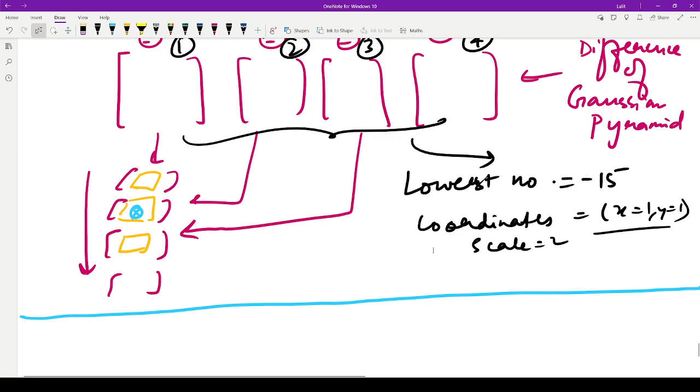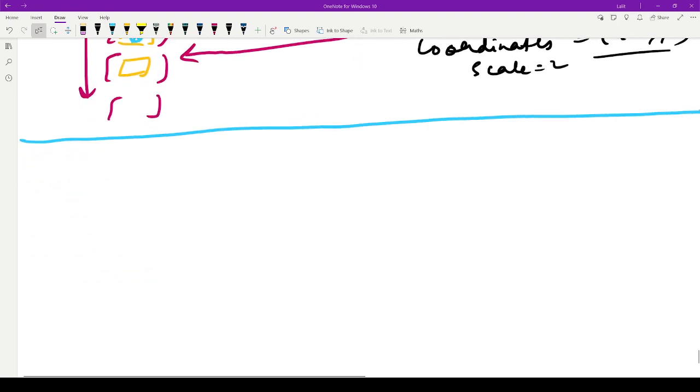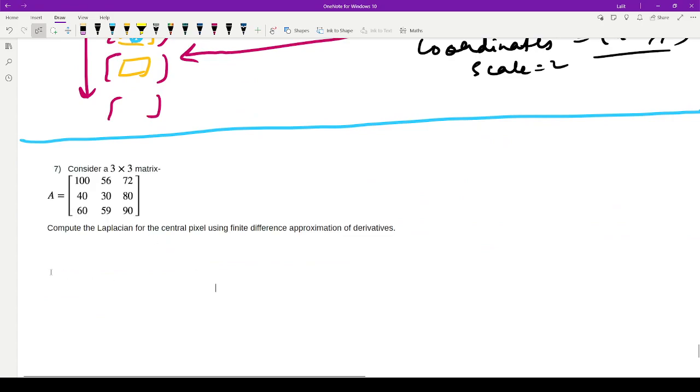Okay. So the next one is a pretty simple question, I guess. You're given a 3 cross 3 matrix.